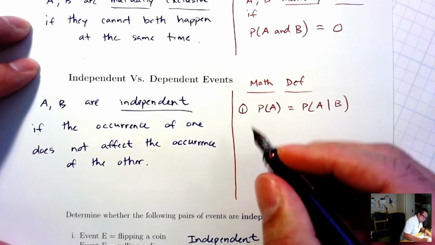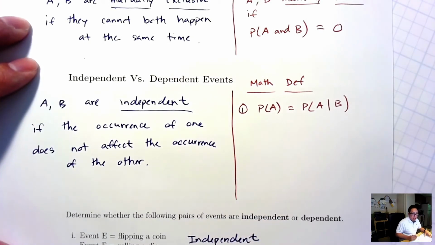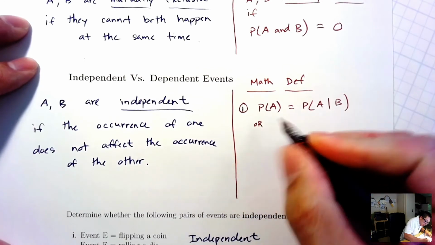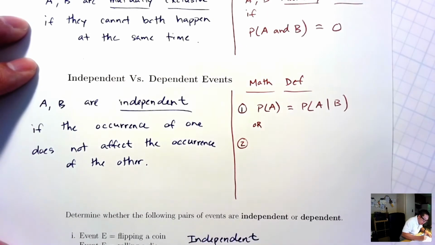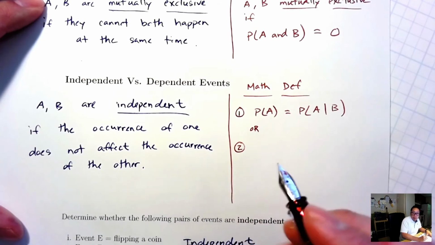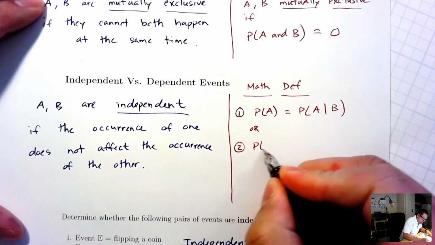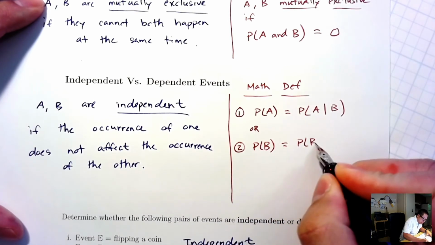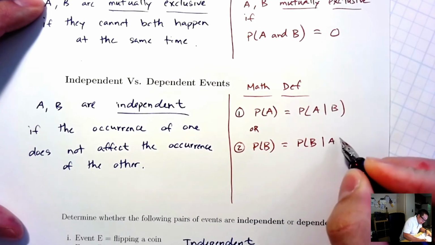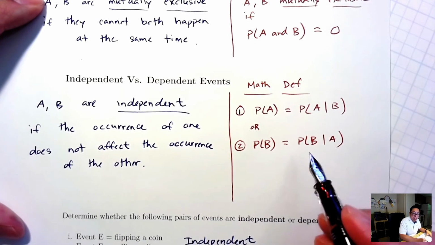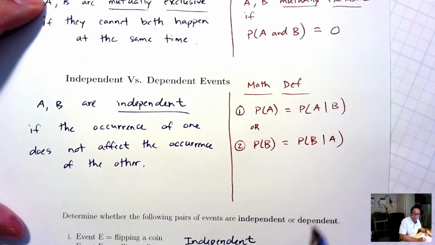Now, there's two other criteria that you can use, and I'll write them here. Okay, the second criteria is going to be the same as this, except you just swap A and B. So this would say that probability of B is the same as probability of B given A. Okay, so adding on a given A doesn't change the answer of probability of B.